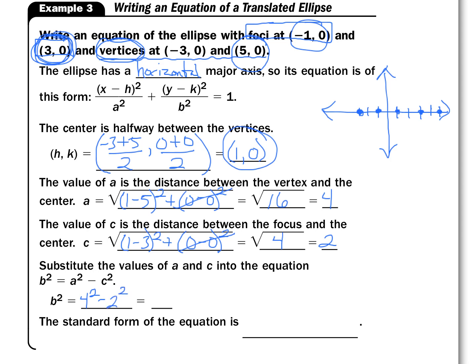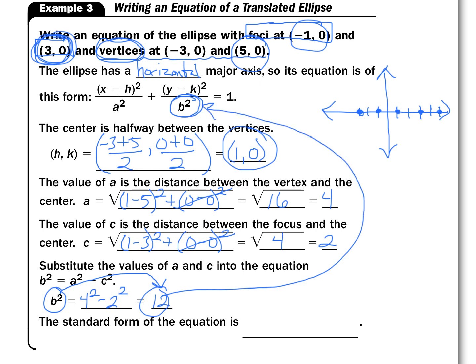So 16 minus 4 is 12. All I need is b squared, because b squared is what goes underneath. So I don't need to figure out what b is. b would be just the square root of 12, but since that's not what it's asking for, I don't necessarily need it. I just take that 12 and plug it in for b squared.